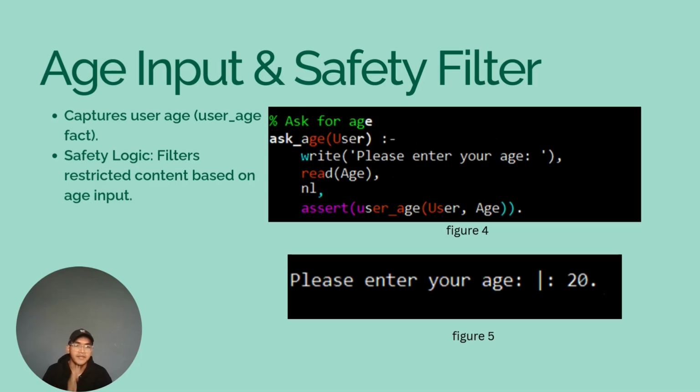As you can see in figure 5, Ahmad enters his age, 20, so the system will allow him to view all movie categories. However, if the user enters, for example, 12 years old, the system will automatically block any movie rated 18 plus, even if the user likes the genre. This ensures the recommendations are safe and age appropriate.